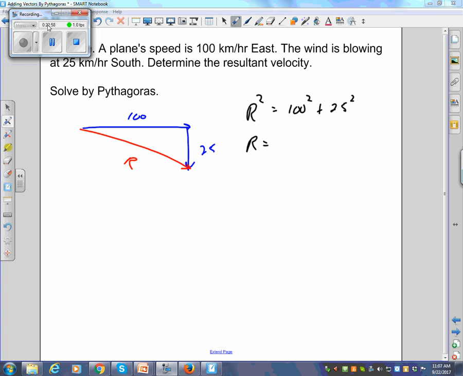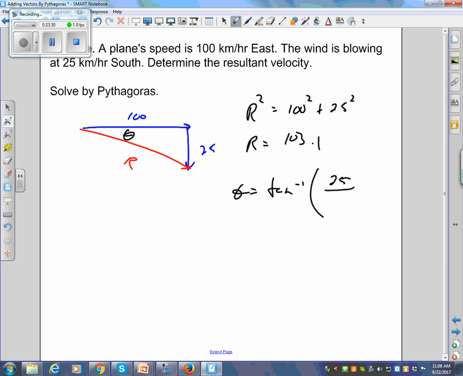If you want to see the answer to the practice one, I'm doing it right here. I get 103.1, did you get that? Yeah? Good. And then this is for the second practice one. Theta is inverse tan opposite 25, adjacent 100.